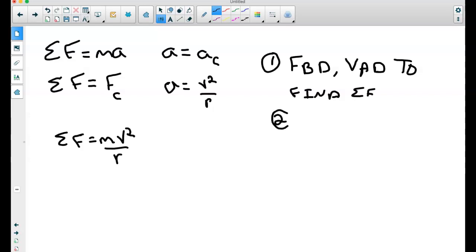Then, once you know your net force, or what forces are responsible for that net force, you're going to combine that with the second law, so F net equals ma. And you're going to combine that with our centripetal acceleration equation. And then you'll be able to work through with the variables you're given to solve for the information you need. So you should be set to do some problems.